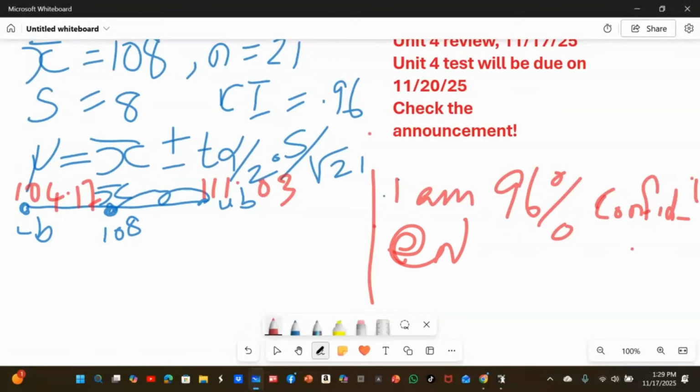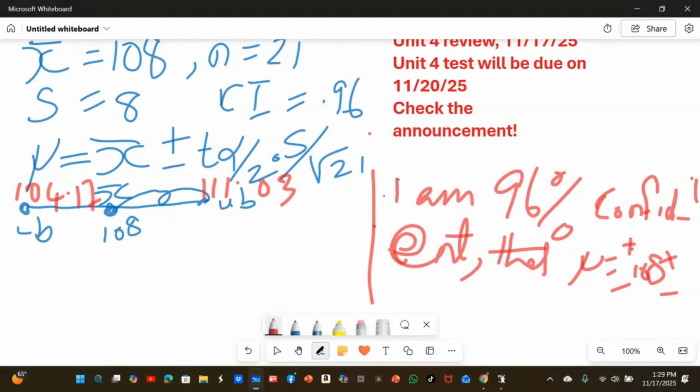I am 96% confident that the mean of the population, mu, lies between the sample mean, 108, plus or minus the margin of error.